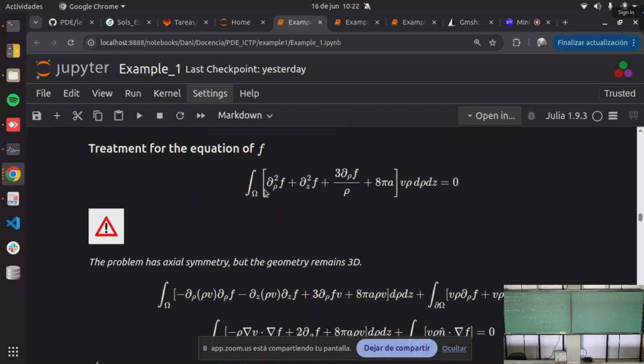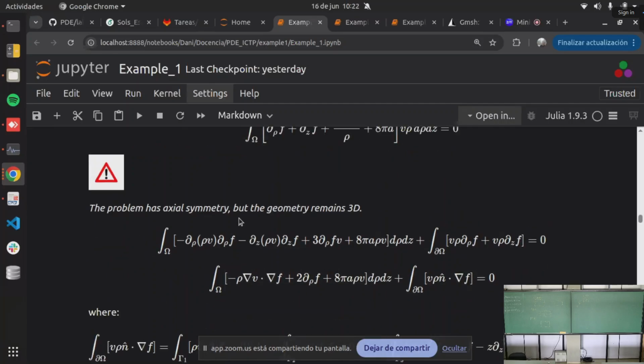First of all, we have to start with the treatment of the equation for f. The problem has axial symmetry, but the geometry remains 3D. This is important to perform in the spatial weak form.